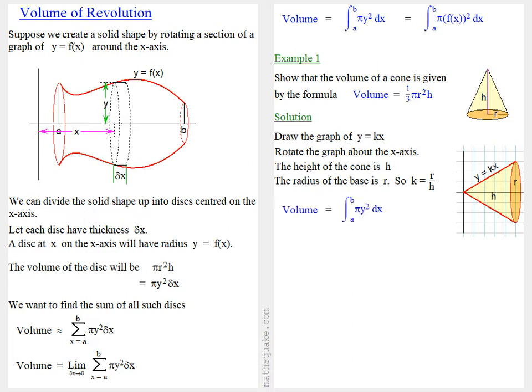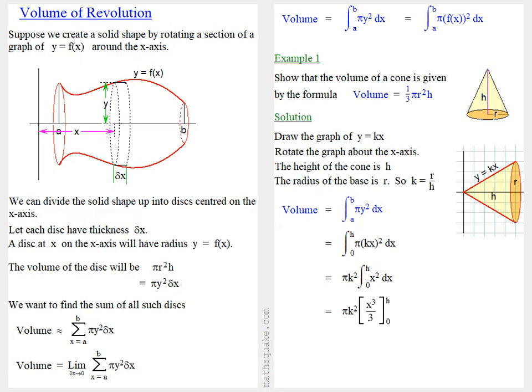Now the volume is the integral from a to b of pi y squared dx. So in this case, it's the integral from 0 to h of pi times kx all squared dx. And we can take the pi and the k squared out to give the volume is pi k squared into the integral of x squared dx.